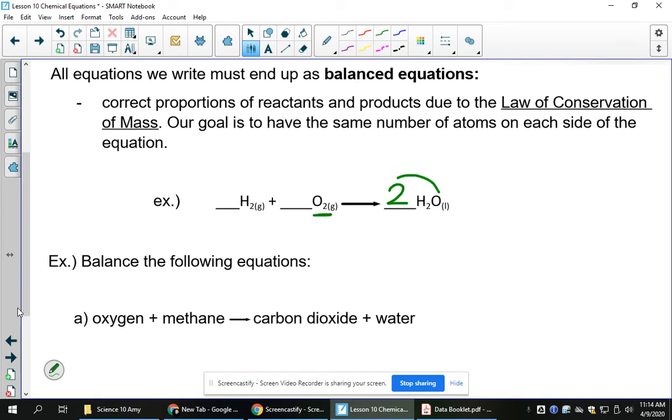That balanced with the 2 oxygens on this side. We also, however, by putting this 2 in front, have doubled the hydrogens. There were originally 2 hydrogens. They've now doubled to be 4 hydrogens. On the reactant side, we then needed to put a coefficient of 2 so that 2 times 2 would make 4 hydrogens balance.